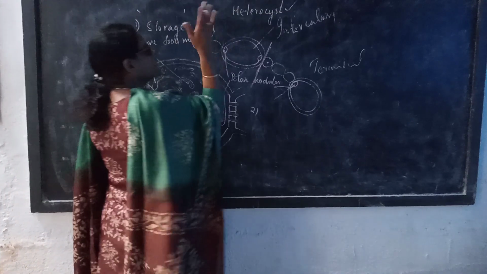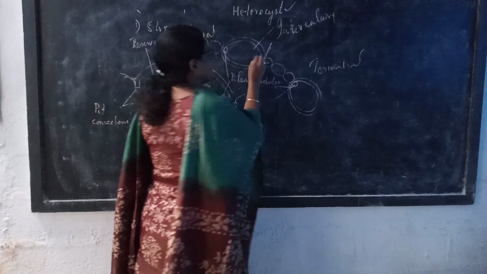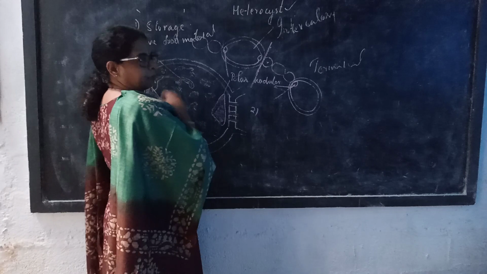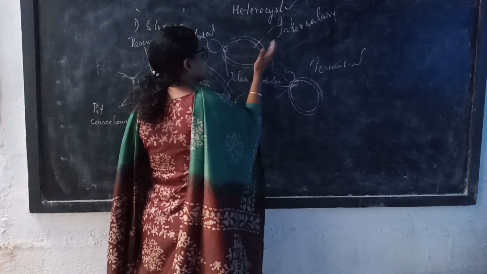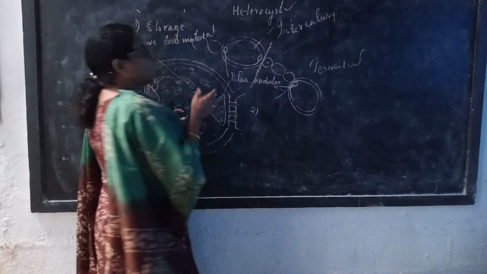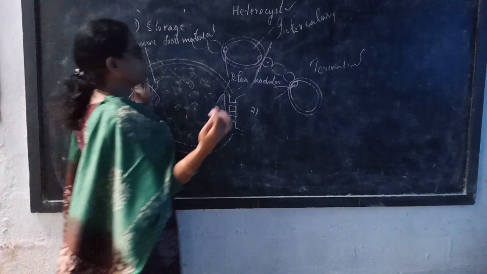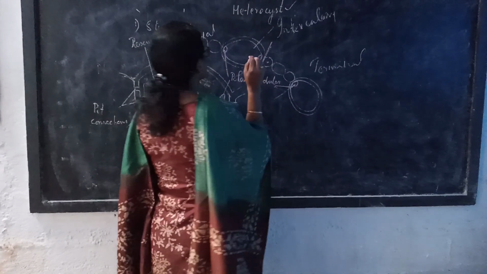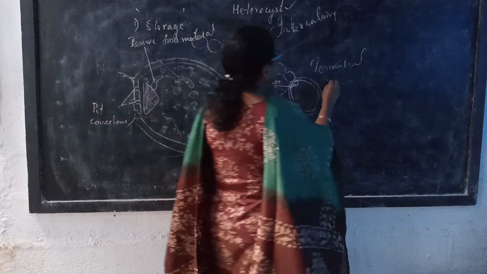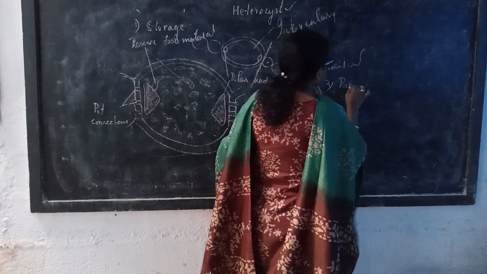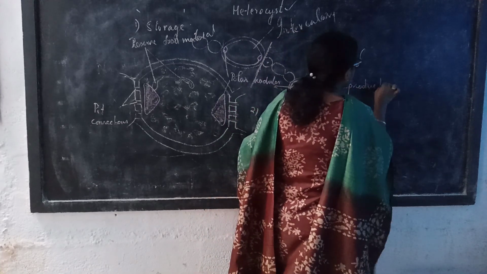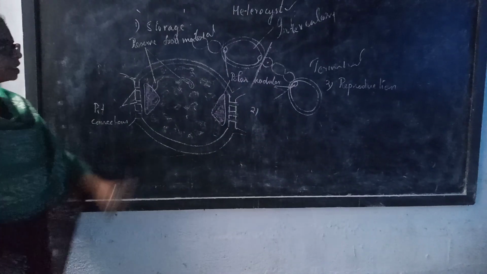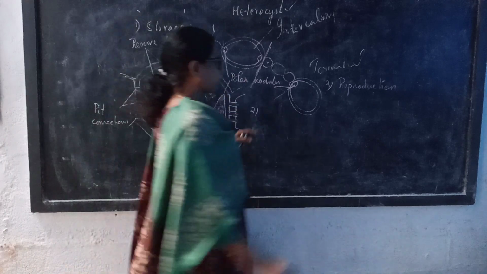The filament can break at the region of attachment of the heterocyst, so it is a mode of reproduction by fragmentation. The heterocyst region is very weak, so at that region the filament can break into fragments. So this heterocyst is again concerned with reproduction, another very important function. So it is concerned with storage, and it is concerned with reproduction.